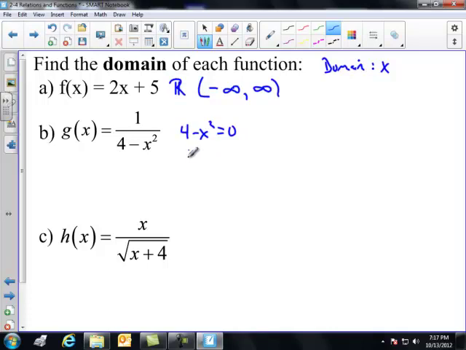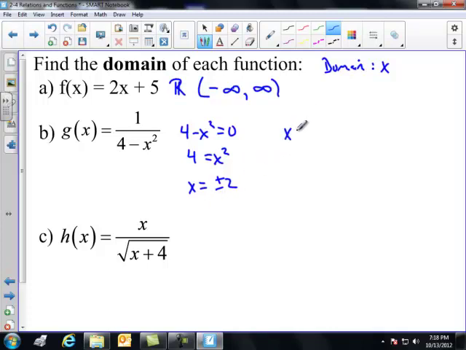So I'm just going to add that x squared to both sides to get 4 equals x squared. And like what we did on that last slide, when you take the square root of both sides, you would have x equals plus or minus 2.